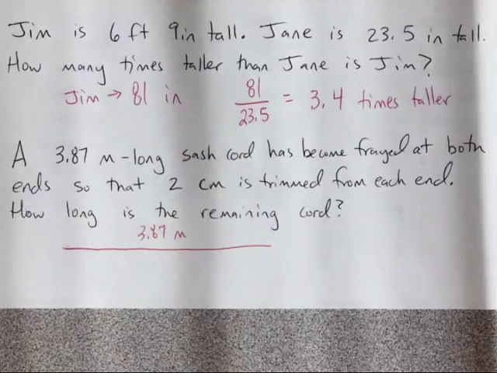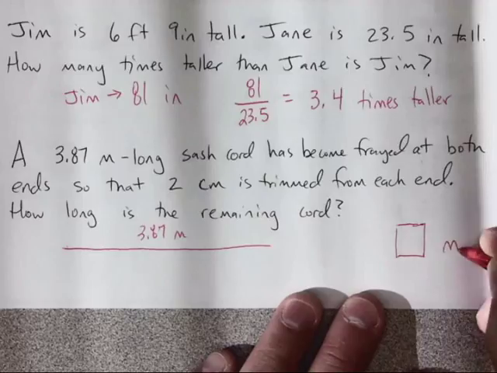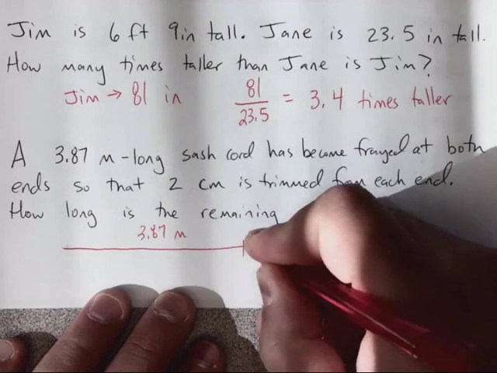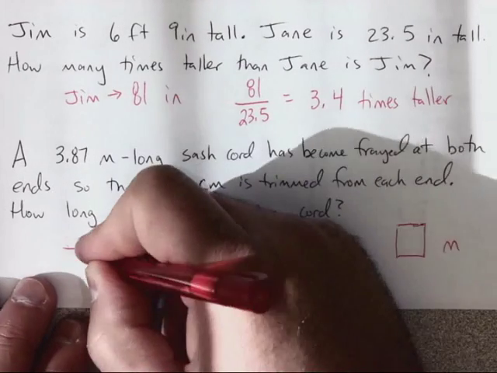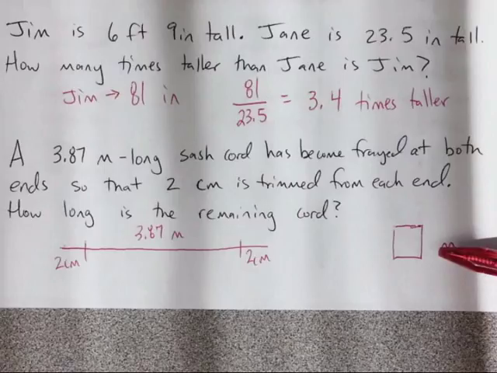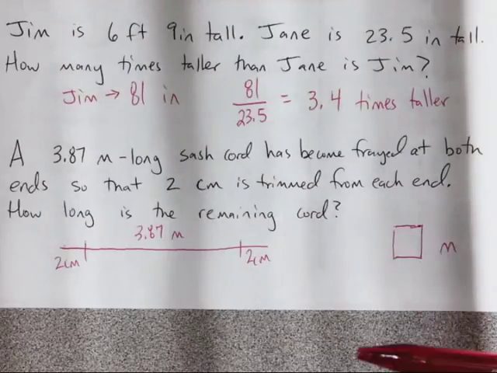And I want to take off 2 centimeters, right? And the answer here needs to be in meters, according to the MyMathLab problem. So basically, I'm taking 2 centimeters off this end, and I'm taking 2 centimeters off this end, right? But if I want my answer in meters, then I need to figure out how many meters I'm taking off of each end, not centimeters.